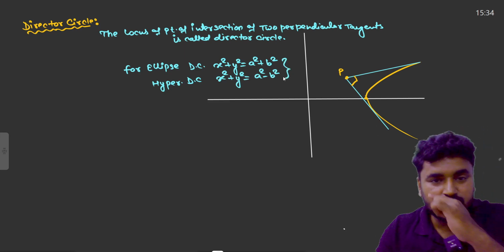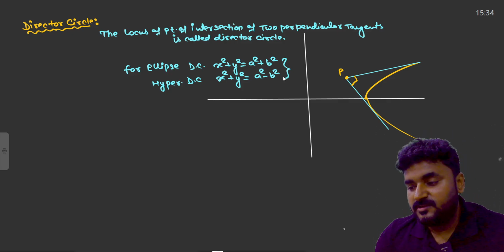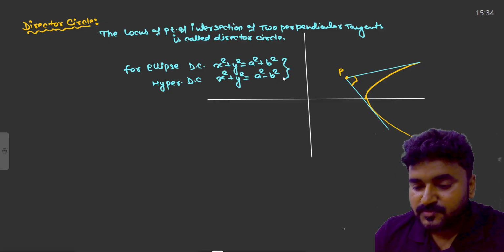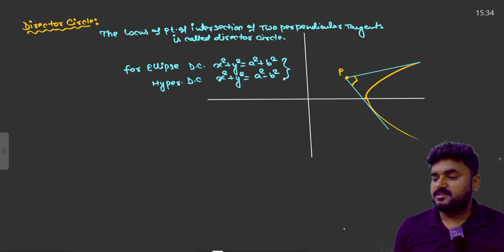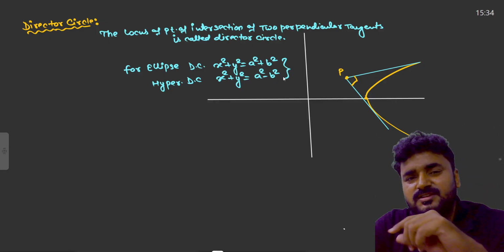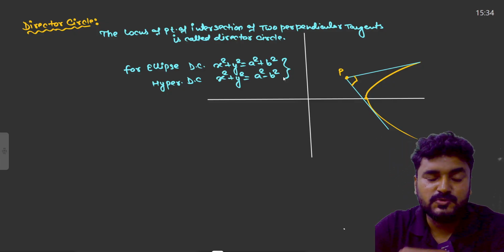In the ellipse topic I will again derive the director circle of the ellipse. So the director circle of the hyperbola is clear, and you have done the director circle in the circle also: x square plus y square equals 2 r square.